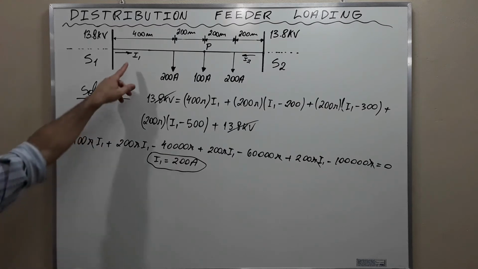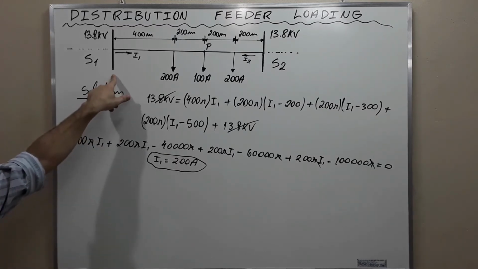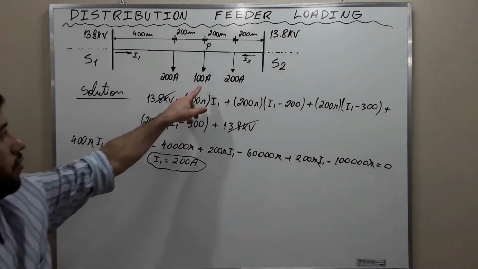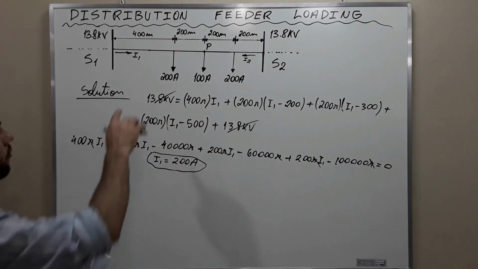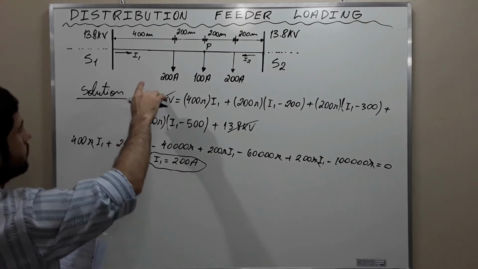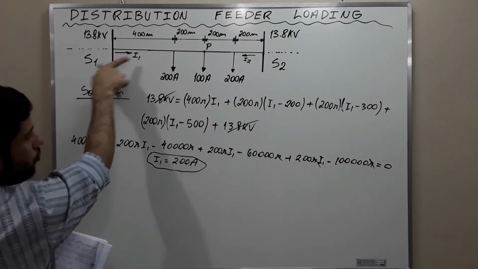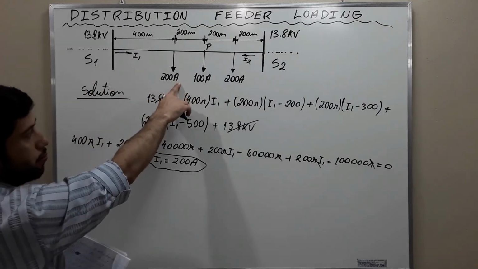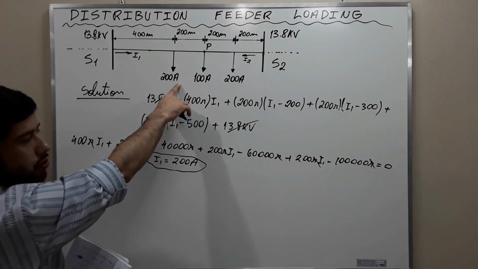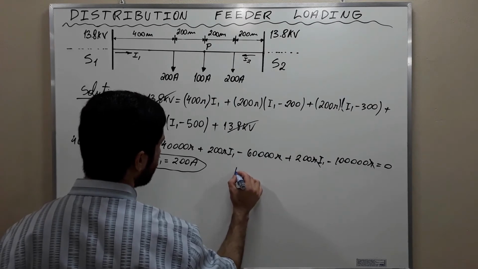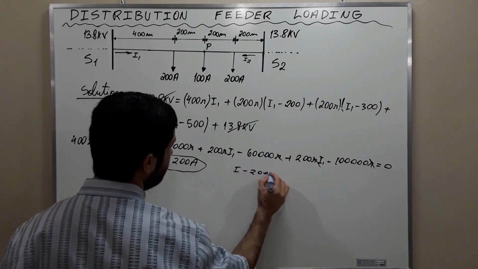This is the current that leaves this bus here and goes to the feeder. And since the current supplied at point P is I1 minus 200, this current here is 200 amperes, but 200 amperes goes to this load. Then we conclude that I1 minus 200 is 0.